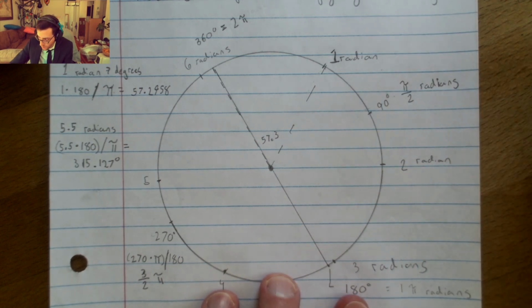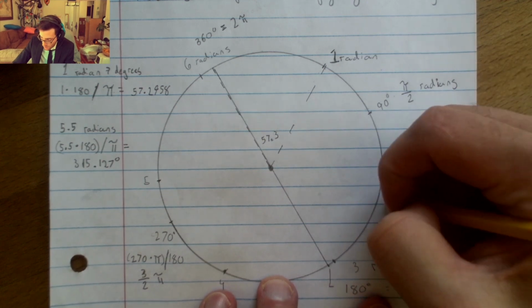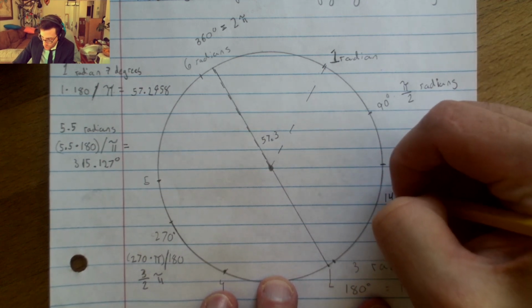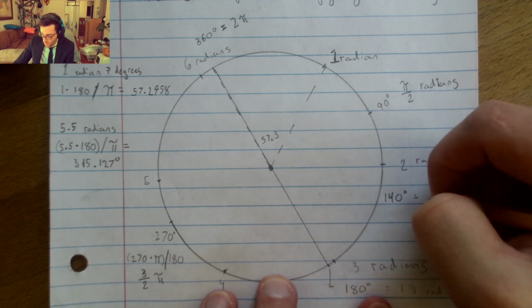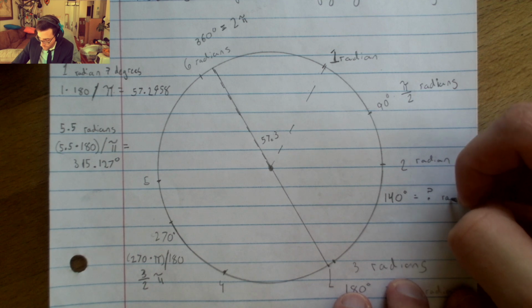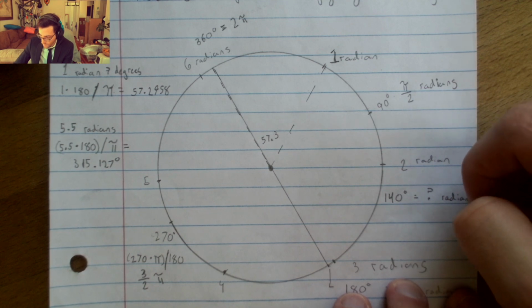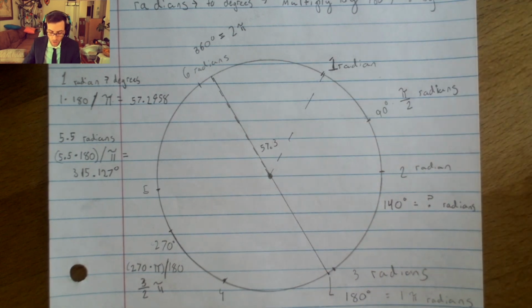So one question for you. If we're somewhere around here, say like we're at the measure of 140 degrees, how many radians would that be? If we have 140 degrees, how would we go ahead and set up our equation?